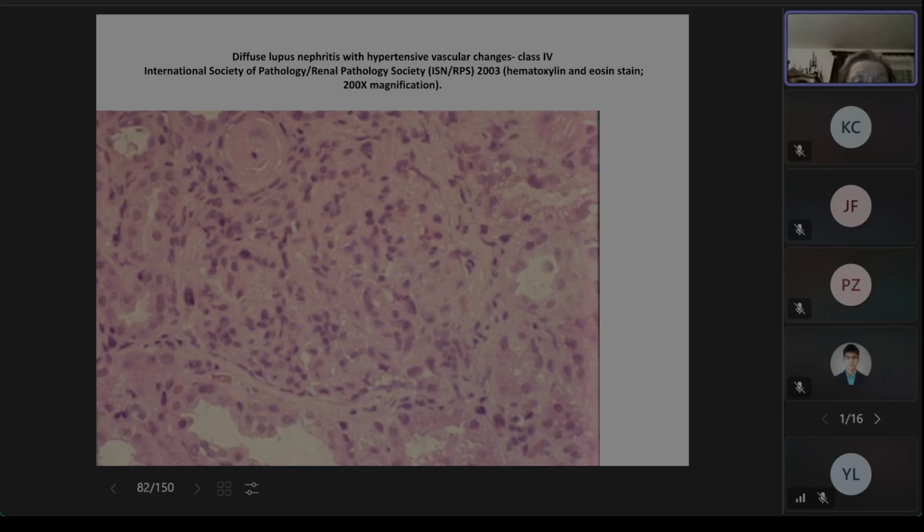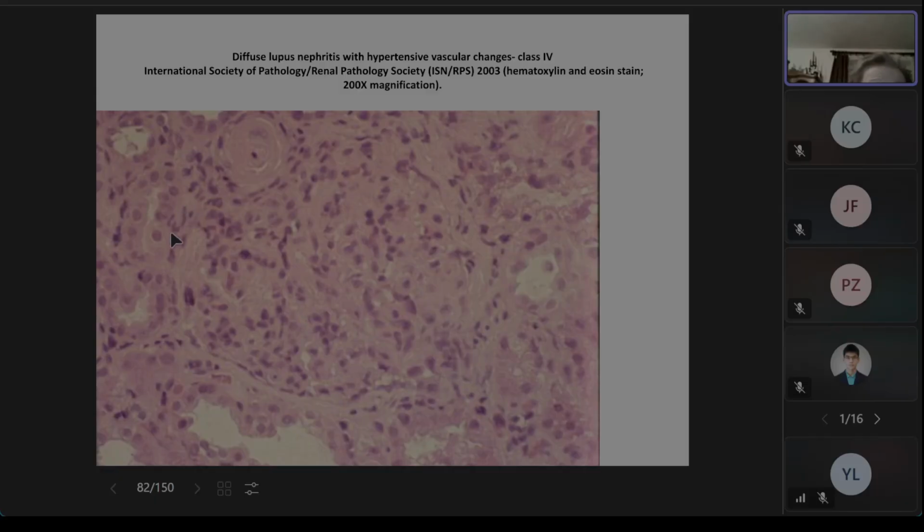On this slide, you can see diffuse lupus nephritis with changes inside the blood vessels. Here you can see the increased number of mesangial cells, as well as the increase of mesangial matrix.